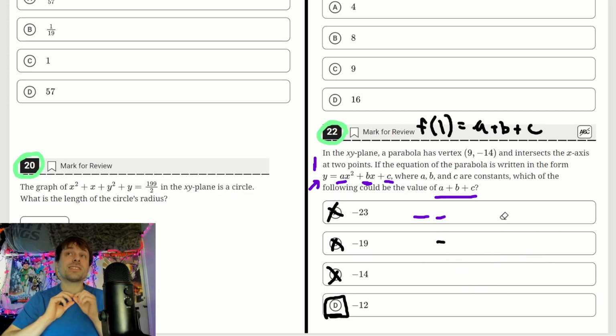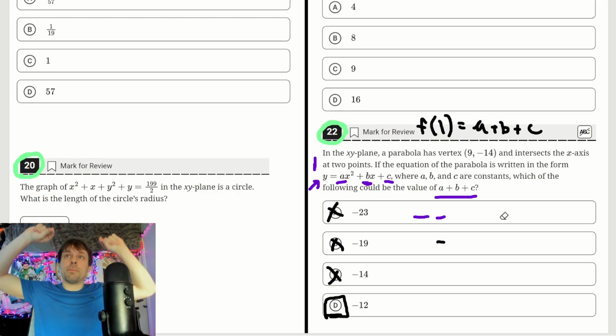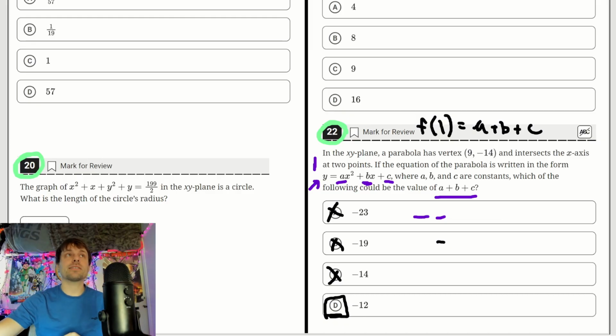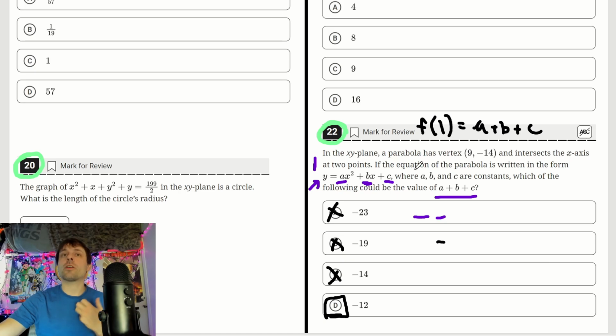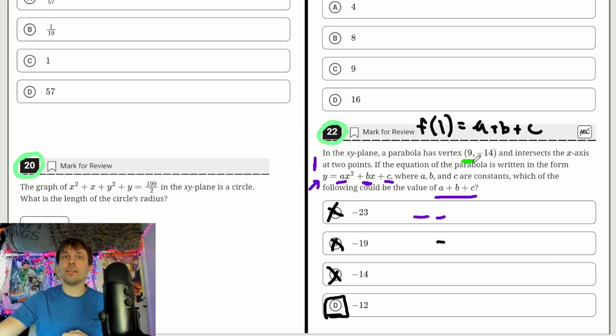The most negative that we can get on this parabola, it's an upward facing parabola, the most negative we can get is our vertex. So no matter what x values I plug in, as long as my x value is not 9, it's going to be greater than negative 14. So that's kind of like your little bit of a shortcut. You actually know that it can only be negative 12 here.